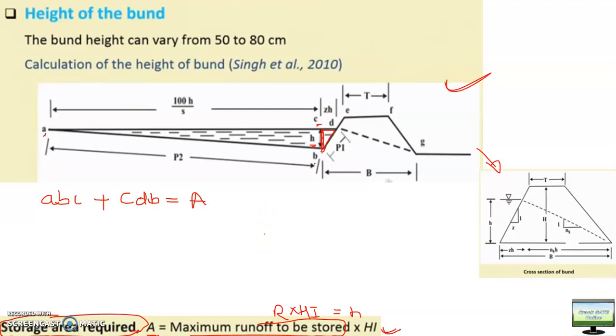Now how will you calculate for graded bund? As I told you, this area you are not using for storage, rather you are using it for the disposal of water.